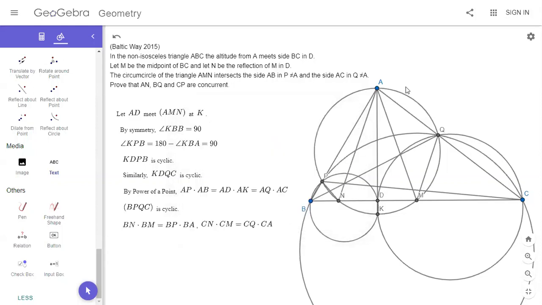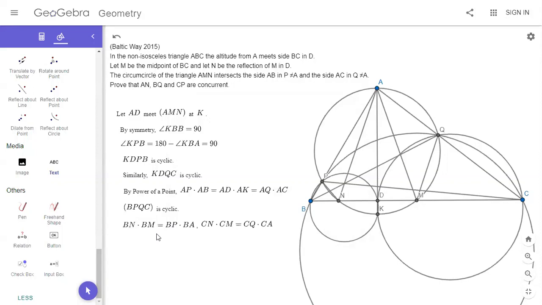And now we can use Ceva. So basically this means BP, but how do we get PA? I think there's still some algebra.